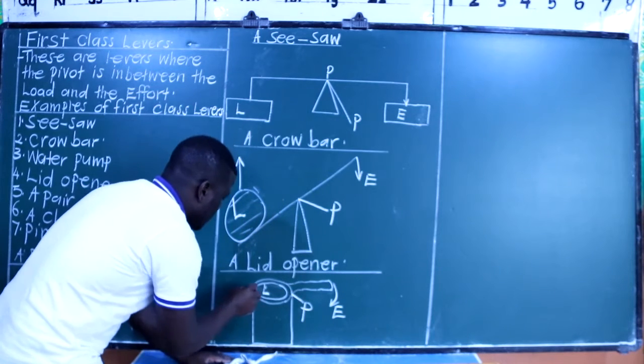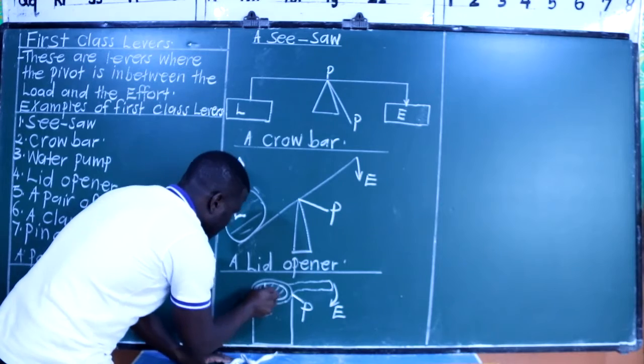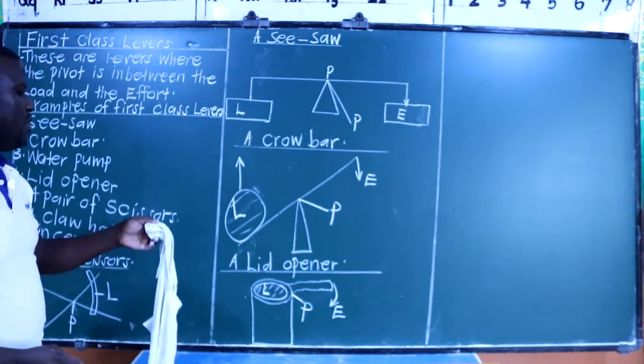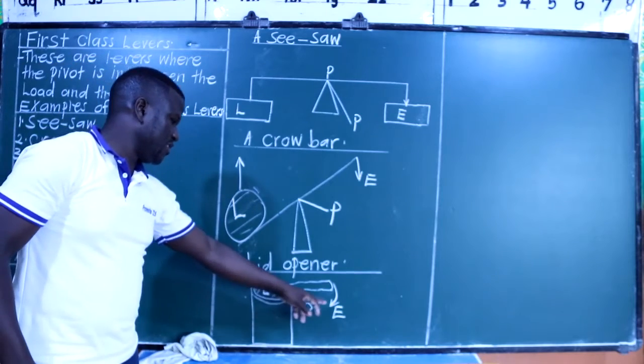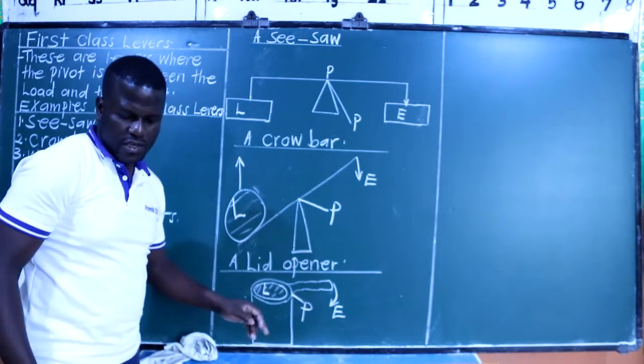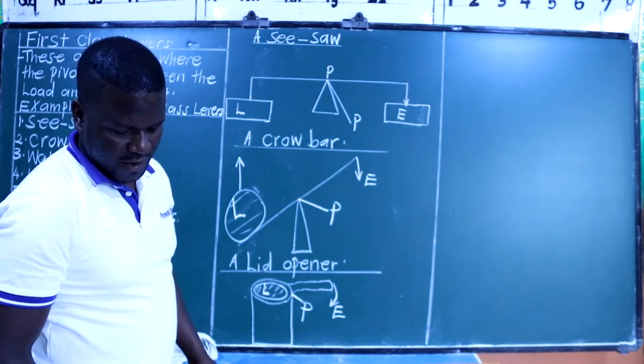This part is the pivot, then the lid itself is the load. So you find that the pivot is in between the load and the effort. That's why it is categorized under first class levers.